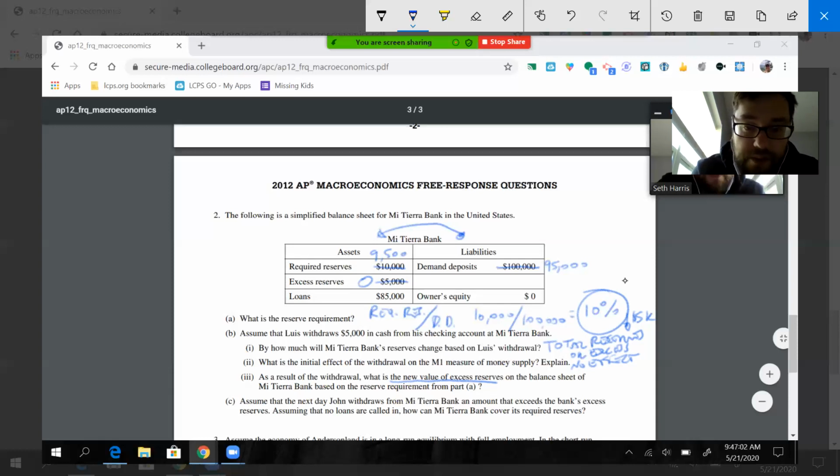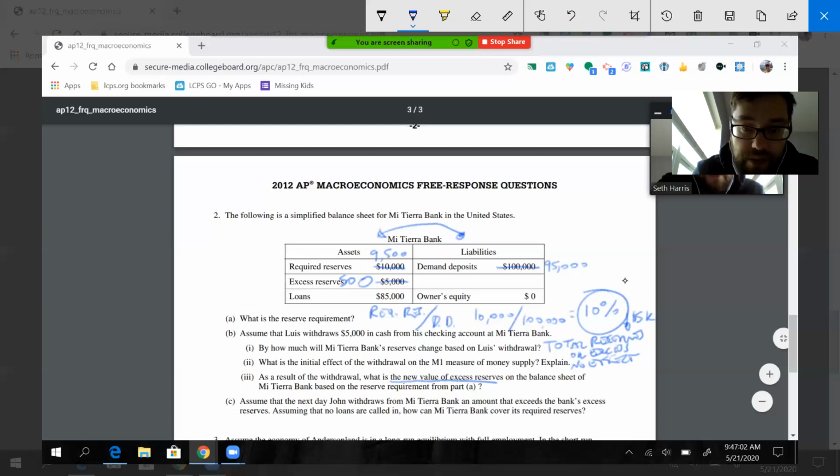Now we still have to balance, right? So somewhere there should be $500. If our required reserves are 9,500 but we still had 10,000 in there, then we move 500 of that over to excess reserves. We subtracted 500 from this category, but then we added 500 here, so this still balances. If you want to double check, on the liabilities side I had 95,000.